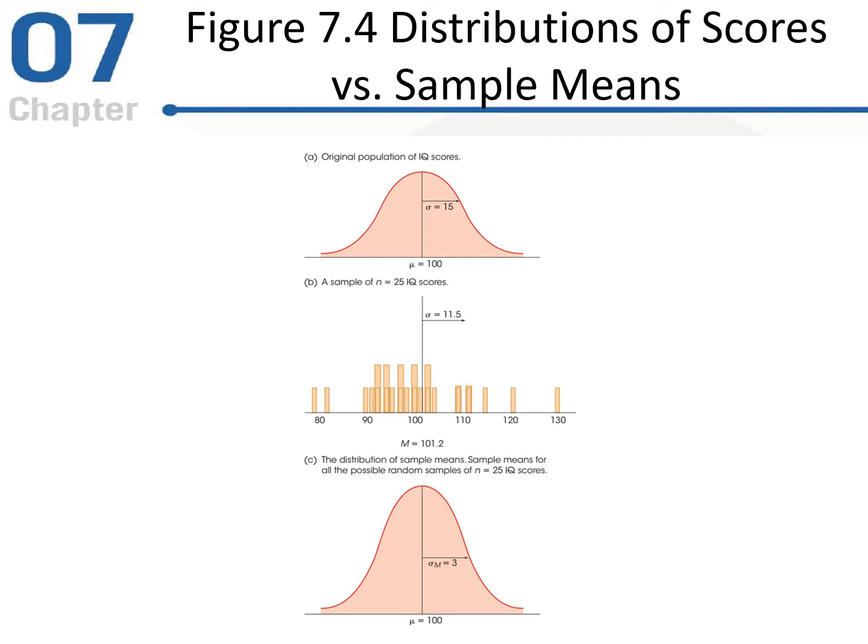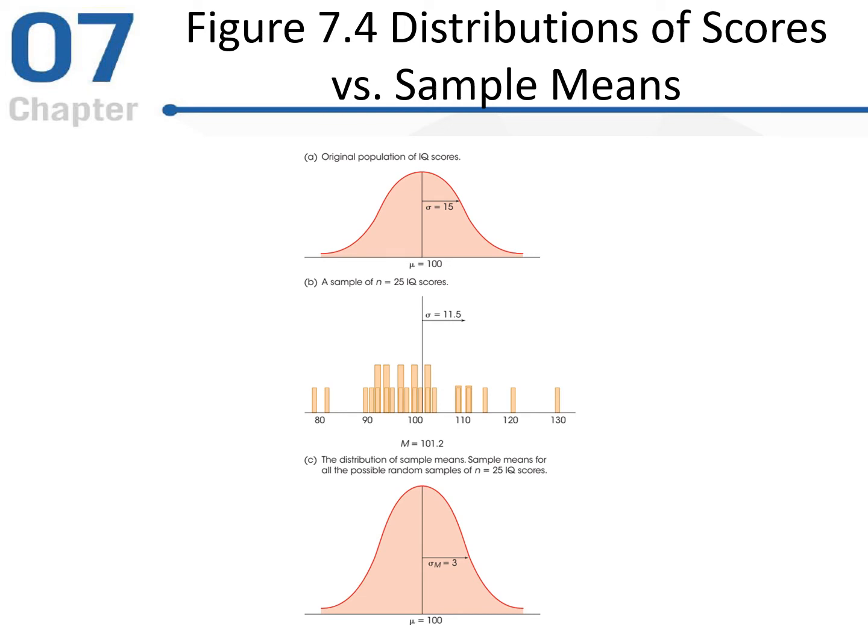That's pretty close to 100, right? So that's a pretty good estimate of the mean. There's very little sampling error there. There's only a difference of 1.2 from that sample. But you see that the standard deviation of the sample is less than the standard deviation of the population. It's 11.5. Standard deviation of the population is 15.